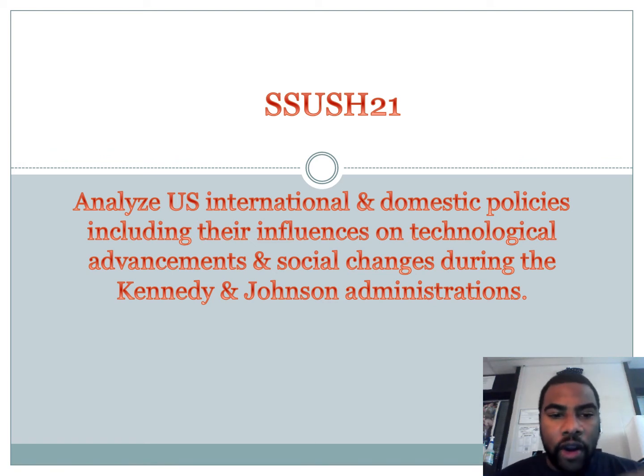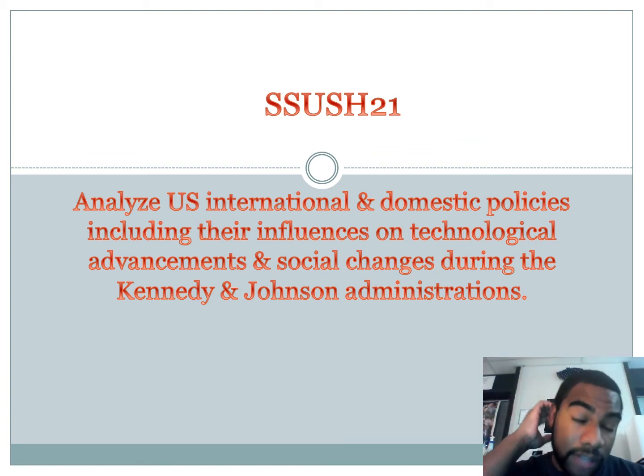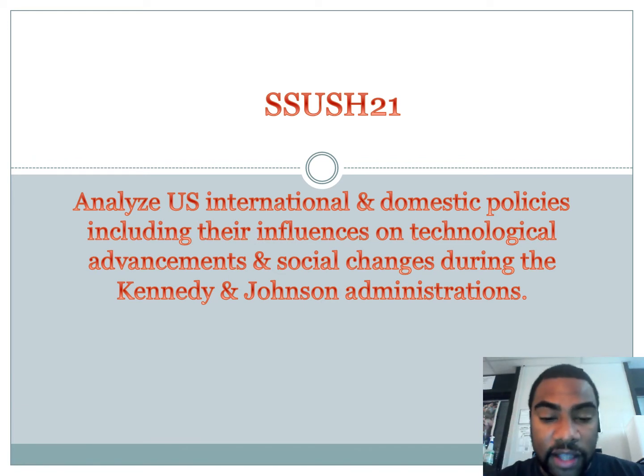Good day, scholars. We are examining today Standard 21, that is, Analyze U.S. international and domestic policies, including their influences on technological advancements and social change during the Kennedy and Johnson administrations.